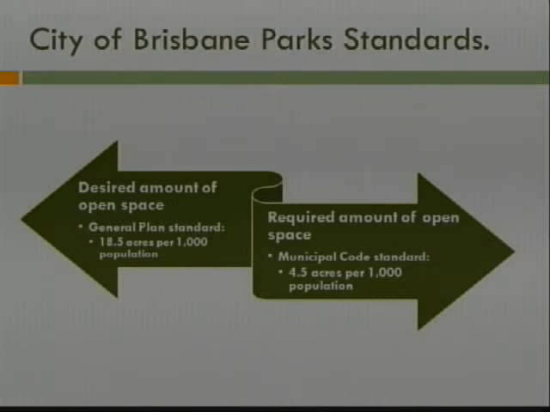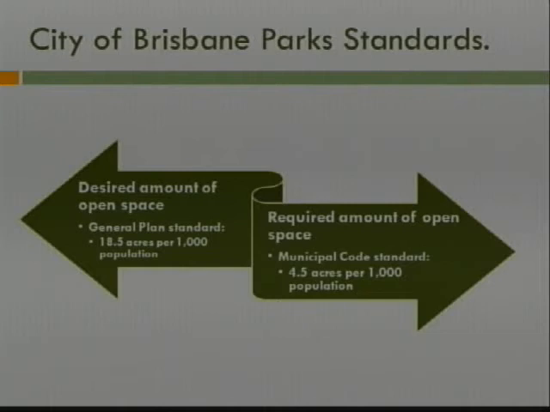In the municipal code, implementing a state law called the Quimby Act, the requirement, the minimum that must be dedicated to avoid the physical impact is 4.5 acres per 1,000 population.